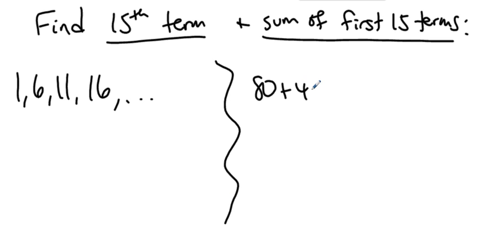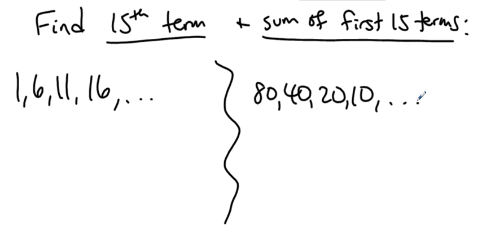And for 80, 40, 20, 10, and so on. The 15th term and the sum of the first 15 terms. You should know how to do that based on what you've seen.